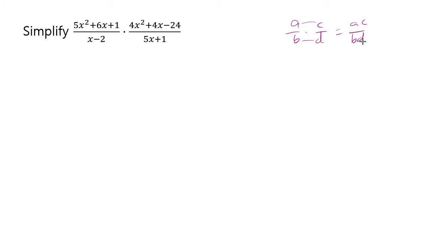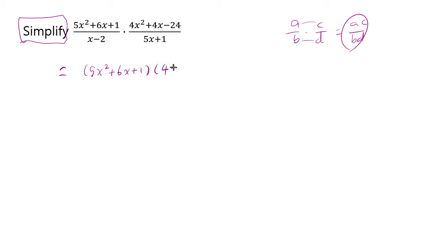ac over bd. However, because it's asked to simplify, it must be that somehow, if you factor these quadratics, they have a common factor with the bottom one. So there must be some kind of common factor. Here's what I mean. If you multiply, don't expand them, because it's going to be even worse if you try to expand them.